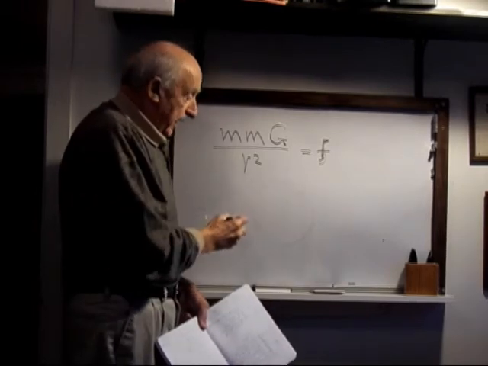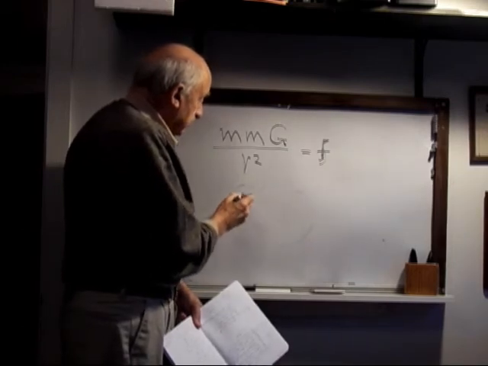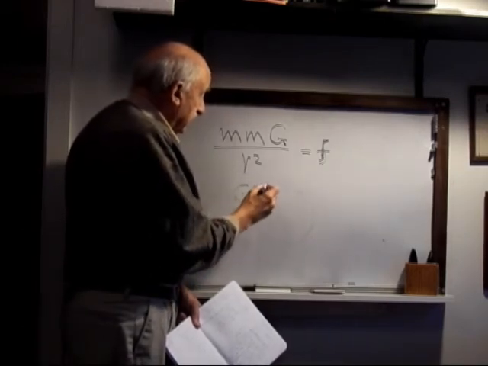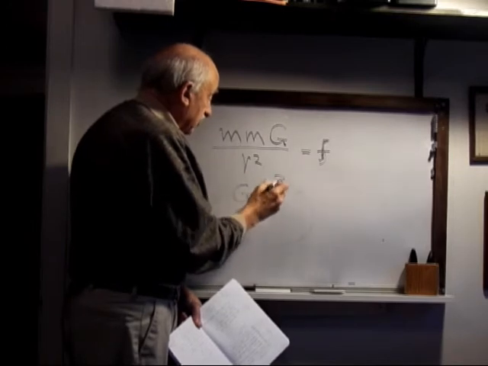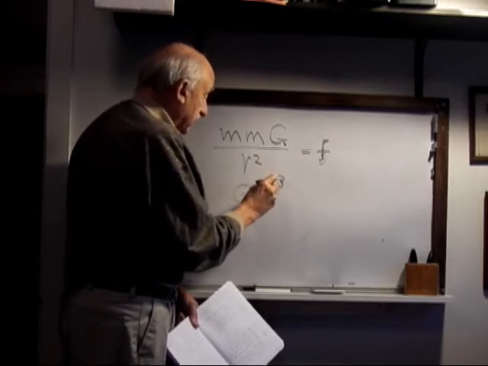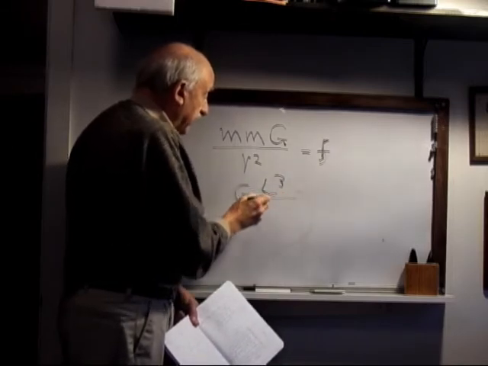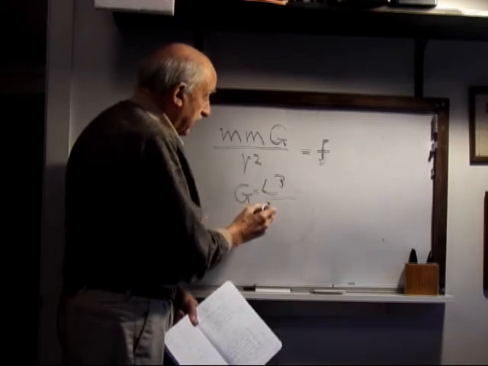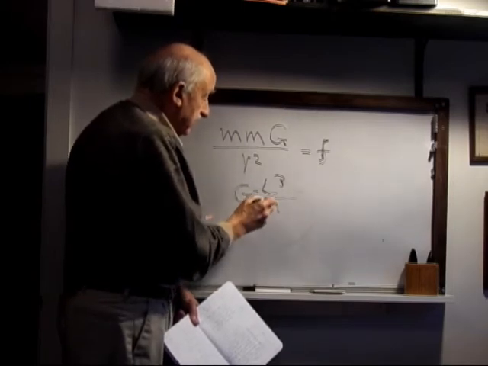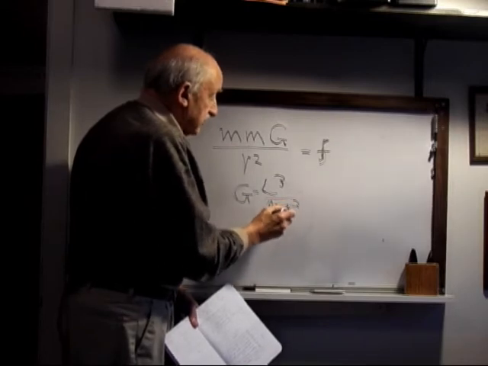Now, G has the dimensions of length cubed divided by a mass, divided by a time that is squared.